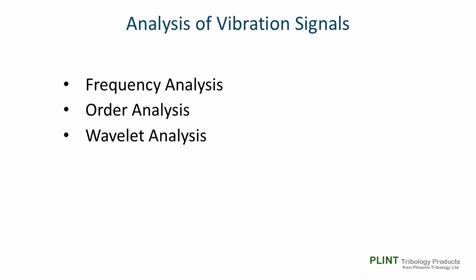The most basic type of frequency analysis is a fast Fourier transform, which converts a signal from the time domain into the frequency domain, allowing a power spectrum to be generated, showing the energy content in specific frequencies of the overall signal. This is useful for analyzing stationary signals whose frequency components do not change over time.